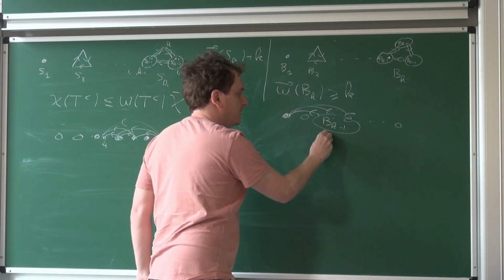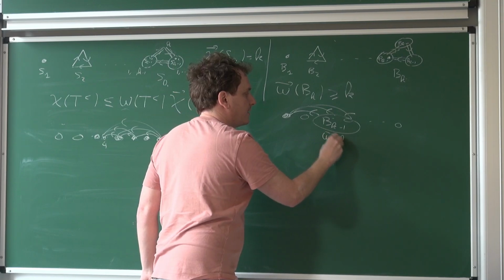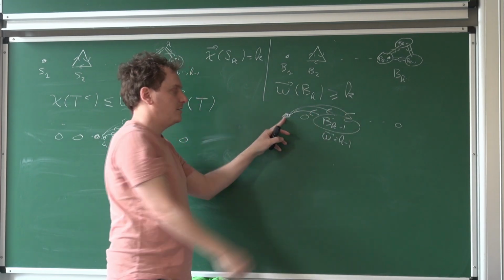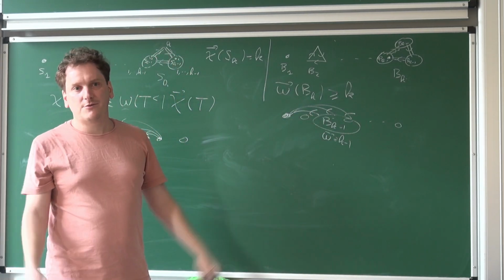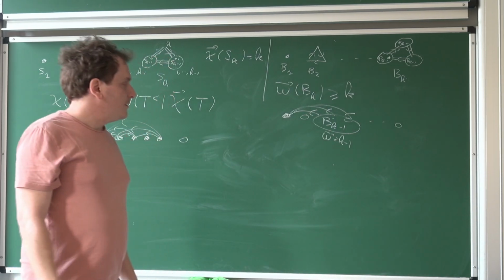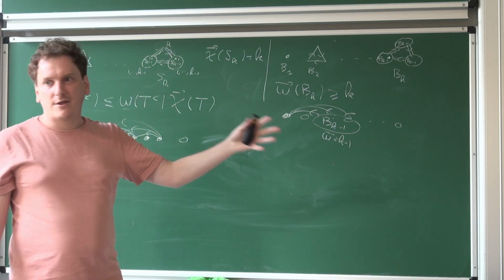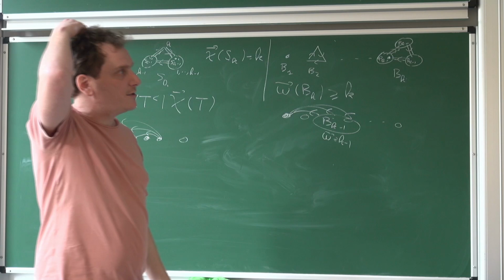And by induction, this has omega at least k minus 1. And all those are adjacent, so when you add a vertex, you have plus 1. So this is the simplest argument to prove that the tournament has large clique number. Kind of degeneracy.